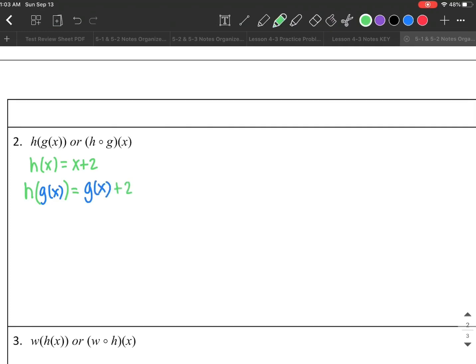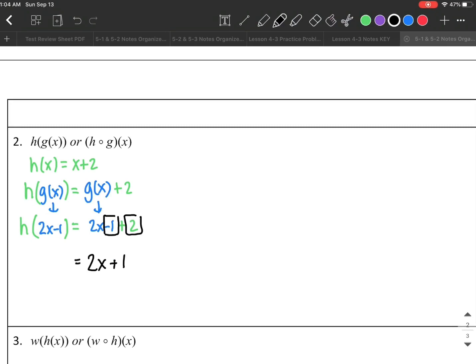And when I do this, I know g of x, I'm going to just replace it with its expression, which is 2x minus 1. So the problem that I actually have, I'm plugging in 2x minus 1 into h of x. Instead of x, I'm going to put 2x minus 1 wherever I see an x. And then I just simplify what I have there. So I just combine my constants, and I get 2x plus 1.